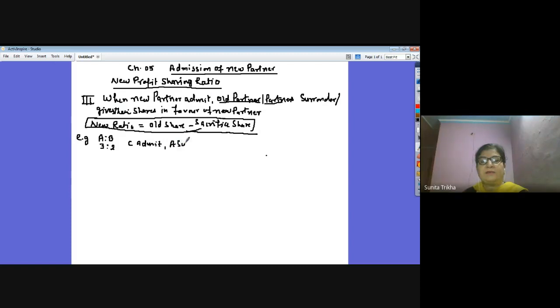A surrender 1/3 of his share and B 1/2 of his share to C. This information is given. तो देखिए यही पॉसिबिलिटी है कि सरेंडर और गिव्स हिज शेयर्स टू न्यू पार्टनर.